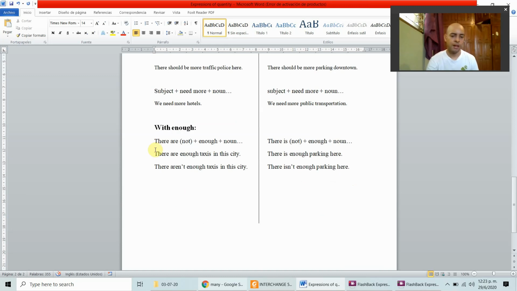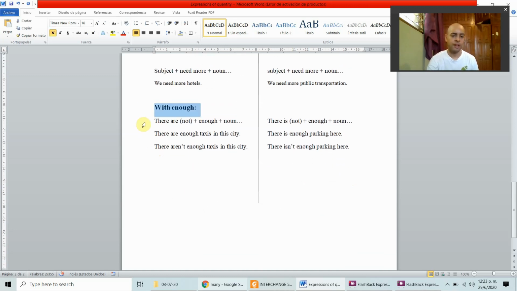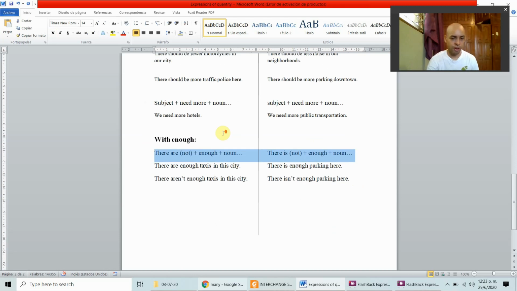So let's take a look at other expressions with enough. For countable nouns, if you want to say it in the negative, there are not plus enough plus noun. There are enough taxis in this city. You think the number of taxis is the right one.